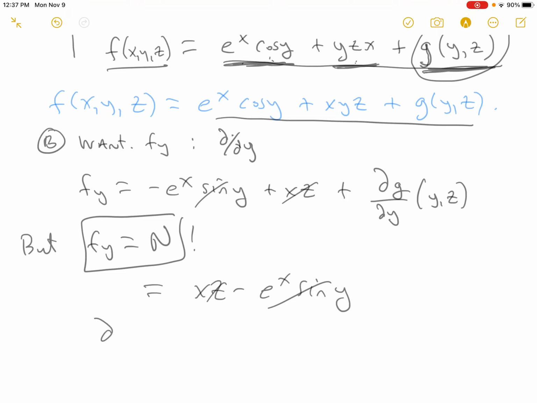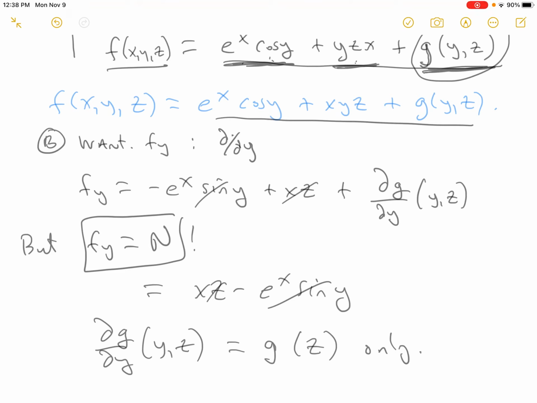So this says the partial with respect to y of g has no y's in it. So it must be a function of z only, or just a constant. Right? Because if there was a y in there, it would match up with N, and there isn't. So it must be that there's only z's in there, or just constants.